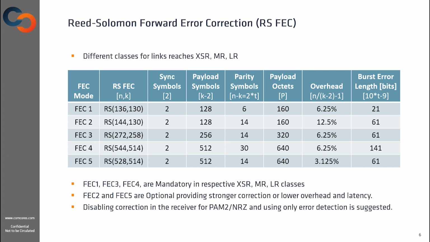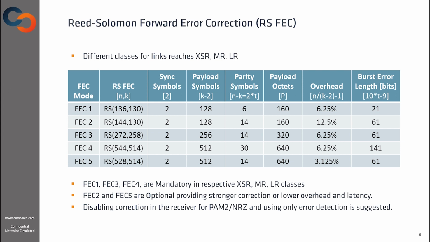It is required due to the high bit error rate on the PAM4 links, and depending on the link reach class, extreme short reach, medium reach, or long reach, different correction capabilities will be required. FEC1, FEC3, and FEC4 in the table here will be mandatory for the XSR, MR, and LR classes, with FEC2 and FEC5 being optional.